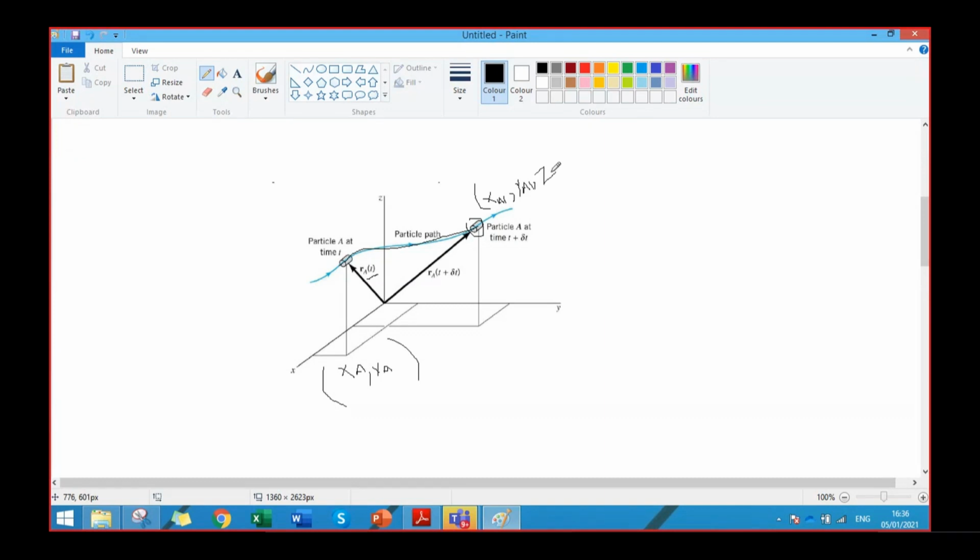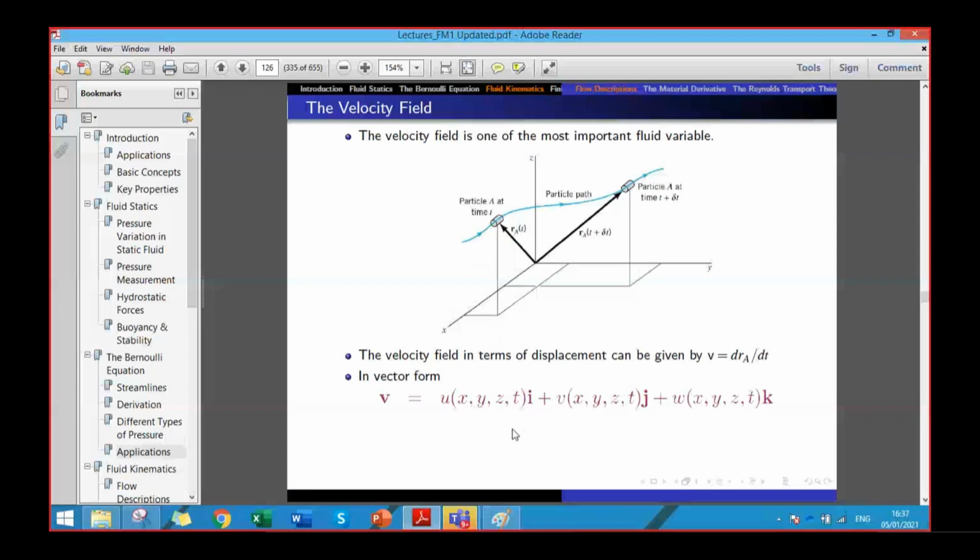So we cannot simply define the velocity like the one we used to define, that okay, velocity is dx by dt. Now the velocity is a function of three components: the velocity component u, the velocity component v, and the velocity component w. Clear?